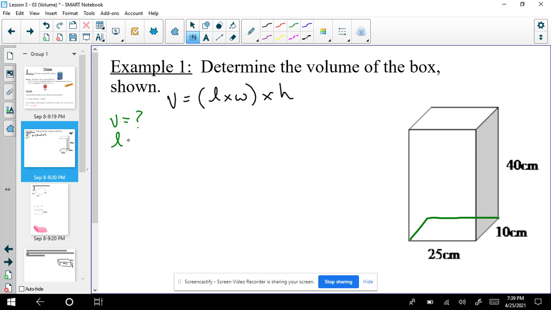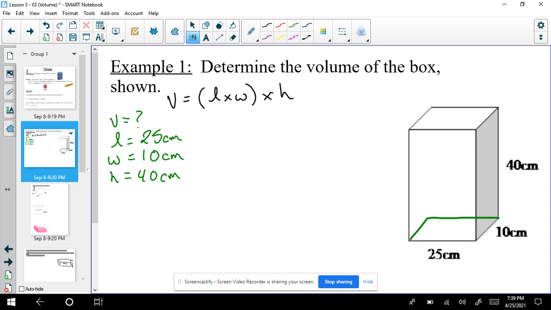My length is 25 centimeters. My width is this 10 centimeters here. And my height is this 40 centimeters tall, so I say H equals 40 centimeters.